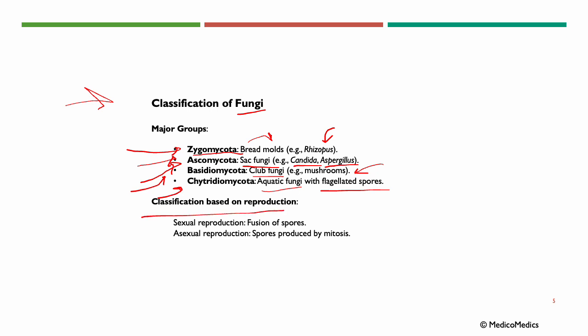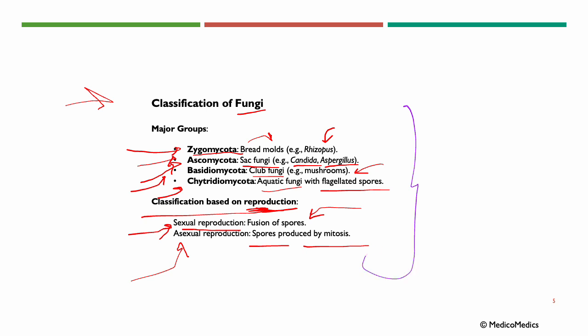And the classification is based on reproduction. So either we have sexual reproduction, so fusion of spores, or asexual reproduction, so spores produced by mitosis. So what's important to remember is that fungi are grouped based on how they reproduce.